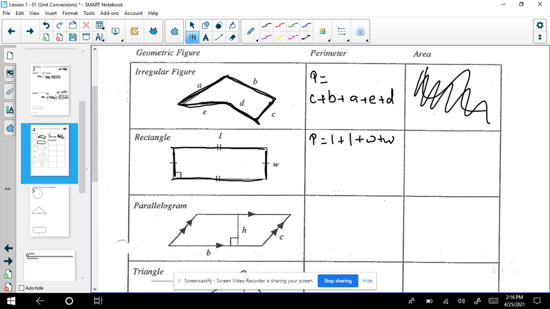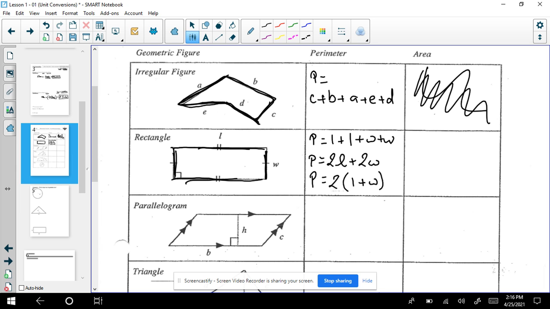I can also write it as, because we have 2 lengths, right? So I can say perimeter equals 2 lengths plus 2 widths, right? So there's 2 lengths plus 2 widths. Or you can also rewrite it as perimeter equals, because there's 2 of them in each, we can do 2 times L plus width.